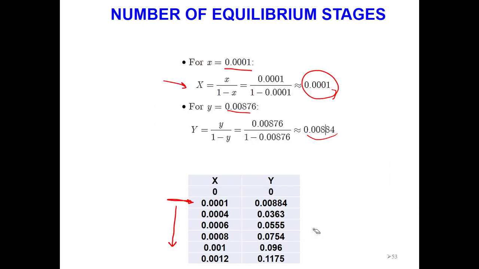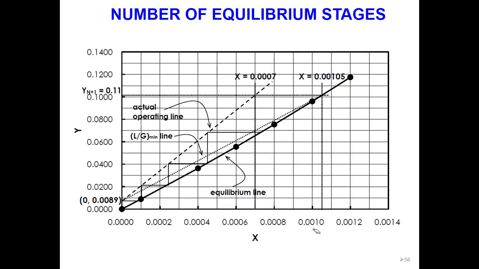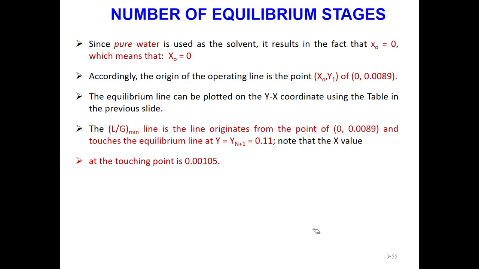So how do we find xn? It's very easy. First of all, we have to plot the minimum slope operating line, L over G minimum.